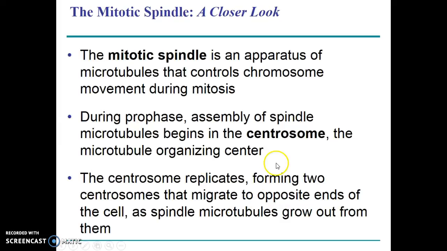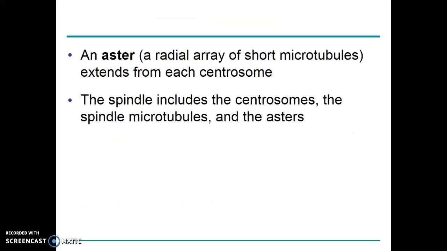The centrosomes replicate, forming two centrosomes that migrate to opposite ends of the cell. Microtubules grow out from them. An aster, a radial array of short microtubules, extends from each centrosome.